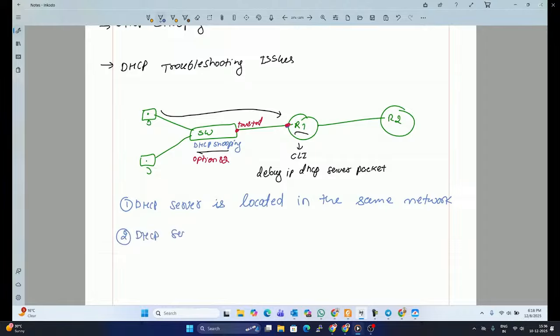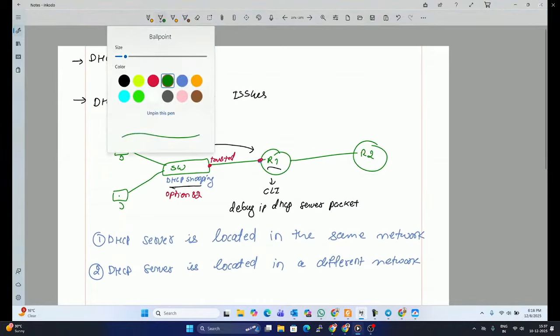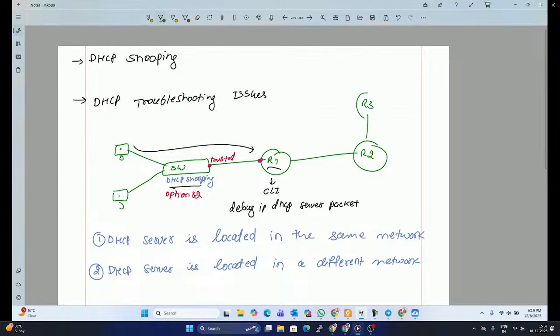So the second scenario could be the DHCP server is located in a different network. Let's say R3 is configured as the DHCP server, and the IP address here is 12.1.1.1, IP here is 12.1.1.2, 23.1.1.1, 23.1.1.2.